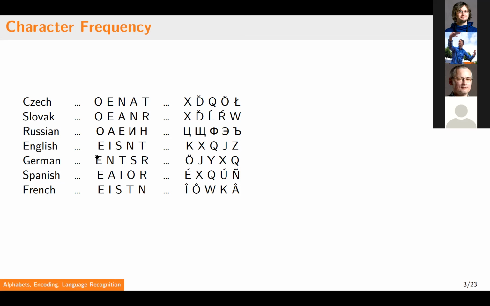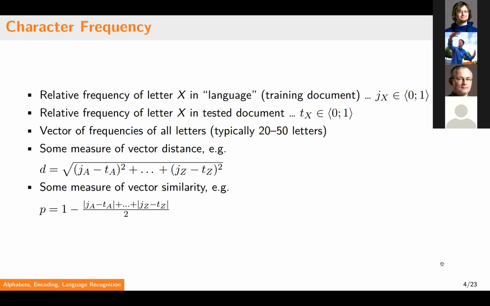And again, this letter alone will not tell you enough, but if you look at the others and get something like a histogram of the frequencies, then it will tell you something. Then you will be able to recognize that the languages are slightly different. So you can take the relative frequencies of every letter in the language, where language for you is represented by a training data set, but the training data set doesn't have to be large.